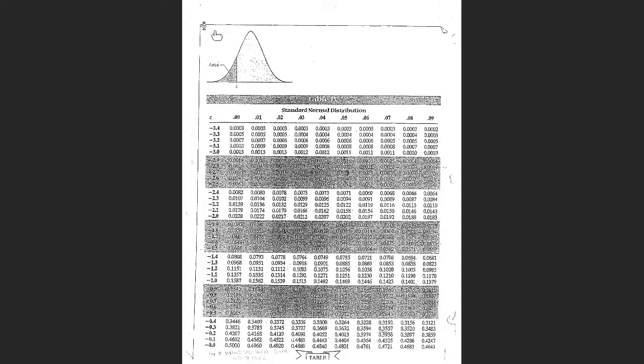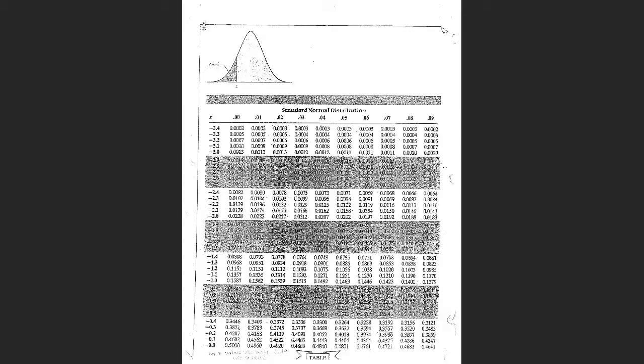So here in this picture, that's the legend for this, and it gives you the area to the left of a z-score. For example, suppose I wanted to find the area to the left of z equal to negative 2.46.